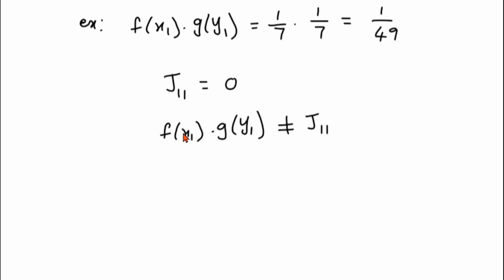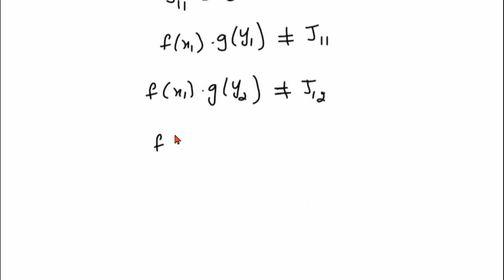In the same way you can check different examples. Randomly, if I take f of x1 into g of y2, that should not be equal to g12. Let's check these two values. f of x1 is 1 by 7, into g of y2, which is 3 by 14.